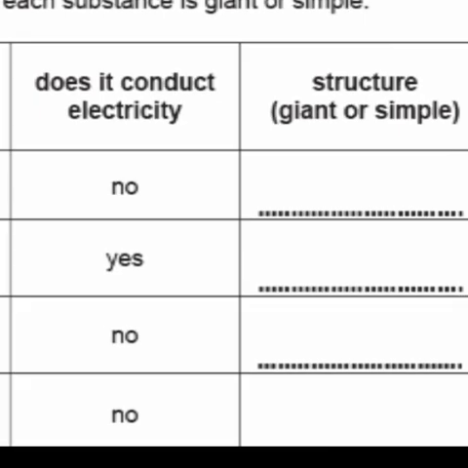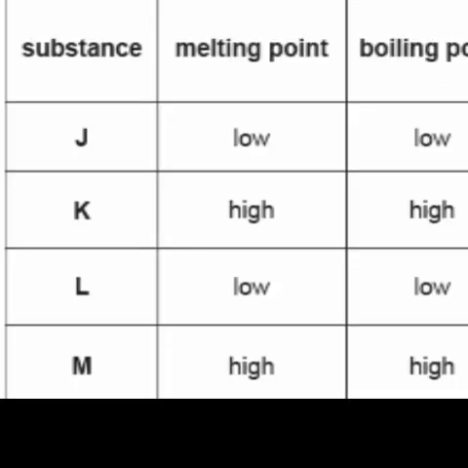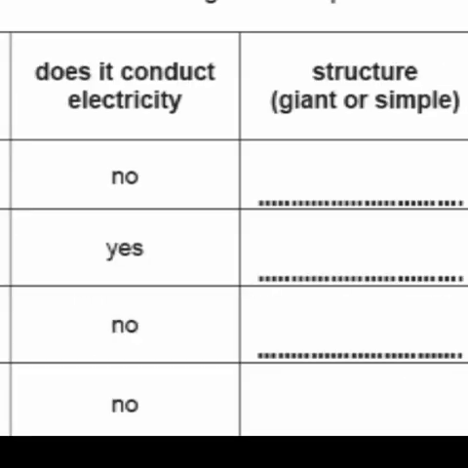The next substance, K, has a high melting point and high boiling point. Does it conduct? Yes. This is likely going to be an ionic compound, because the bonds between ions in ionic compounds are strong bonds, what we call ionic bonds. Ionic bonds require very high temperature to break.